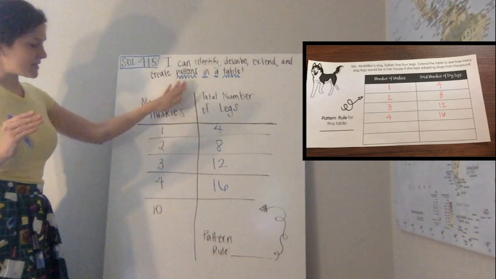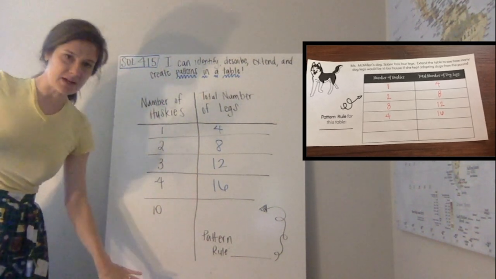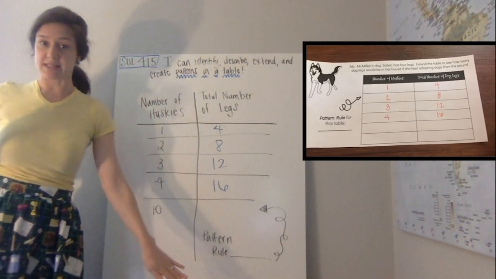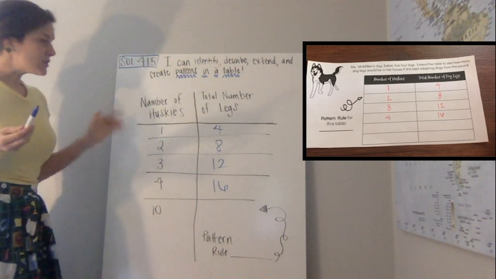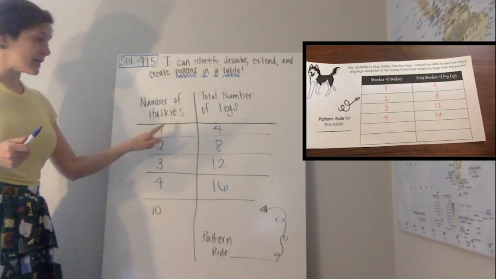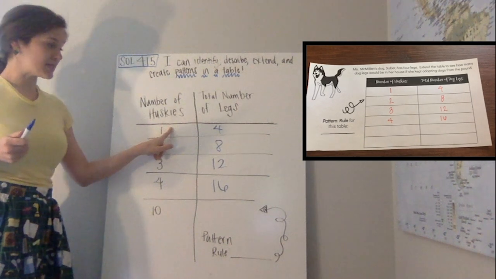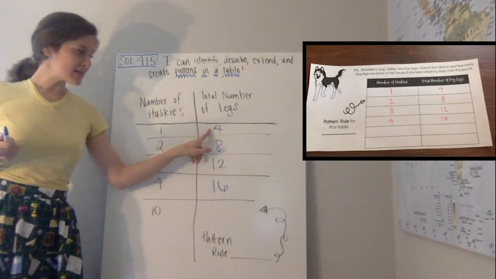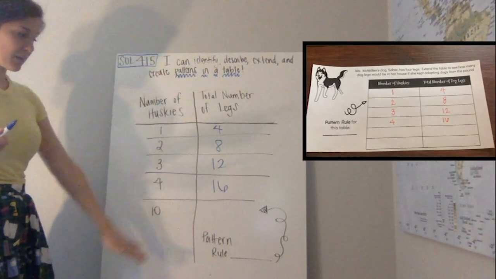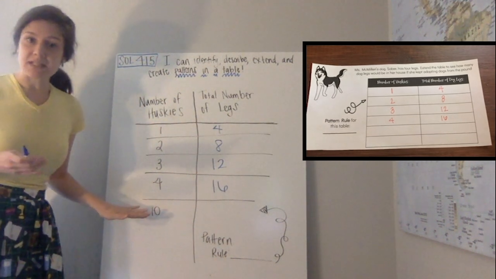Now, as mathematicians, we could continue going all the way down this table and just adding 4 legs down. But we can also identify the pattern rule or the relationship between our number of huskies and the total number of legs that will allow us to extend or expand our table no matter how many huskies we have.